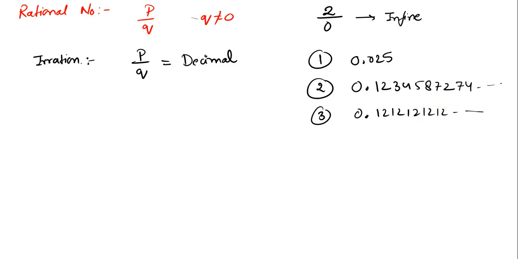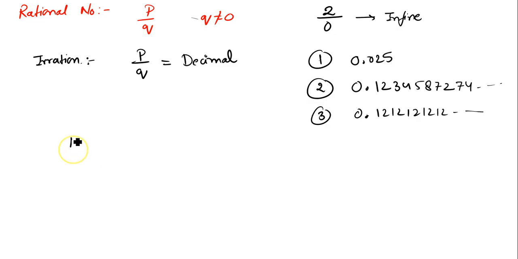All three are of different types, and these can be found by converting any rational number into decimal form. As you can see, the first and the third ones follow a pattern.